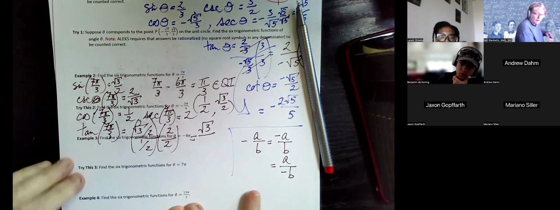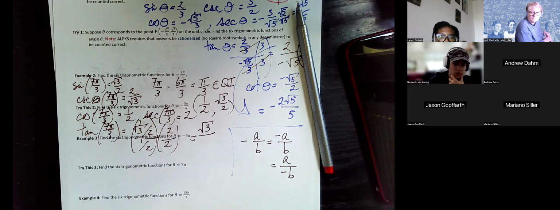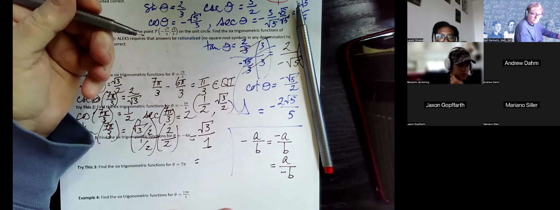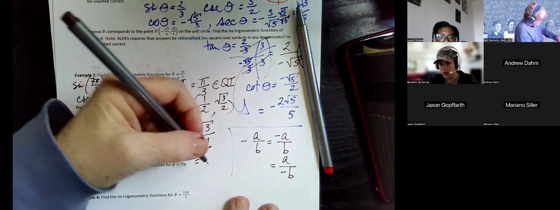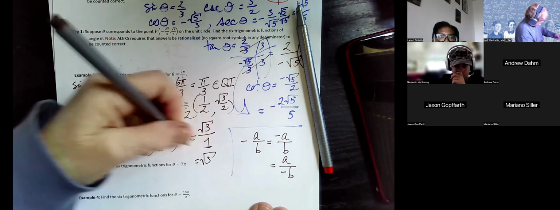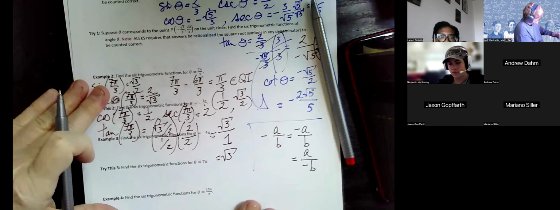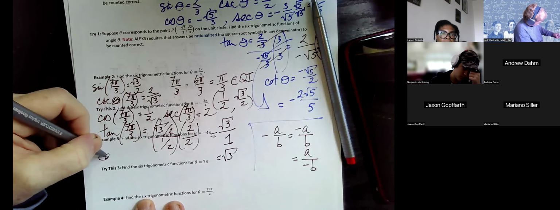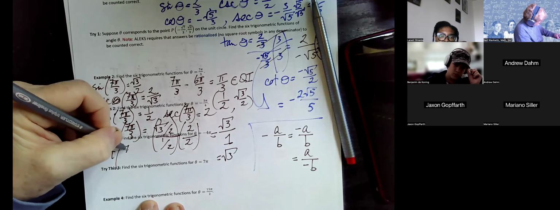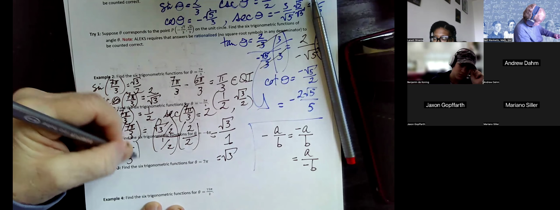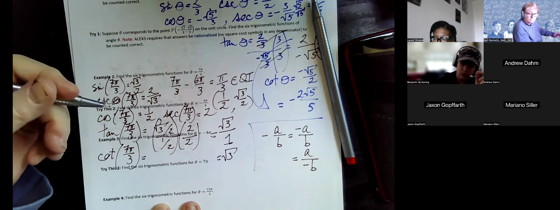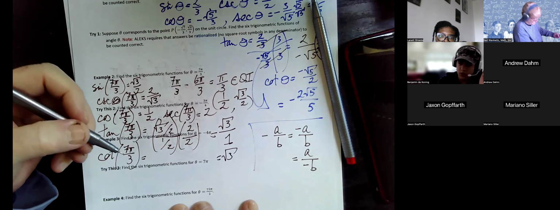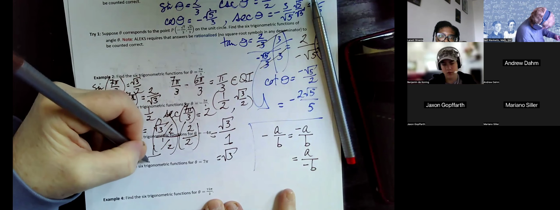Groovy. And in the denominator? 1. And so we can write this as square root of 3. Beautiful. And which one goes with tangent? Cotangent. The cotangent of 7 pi over 3 is 1 over square root of 3. Good.